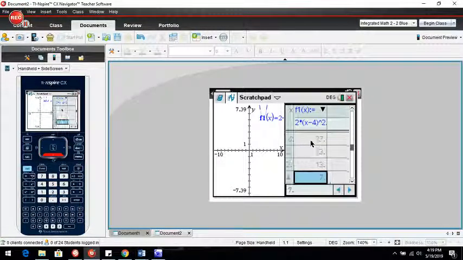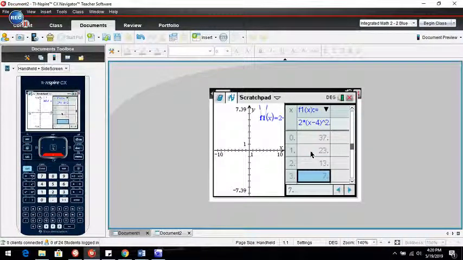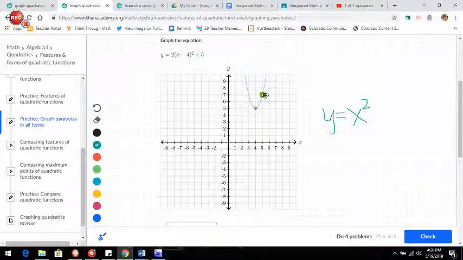You've got your vertex right here. You can see that the graph goes down to a low point of 5 and then it starts going up again. So there's your vertex, and you need one other point. You might do your, well, that's not going to fit. 3, 7. That would be another point that would fit on the graph.